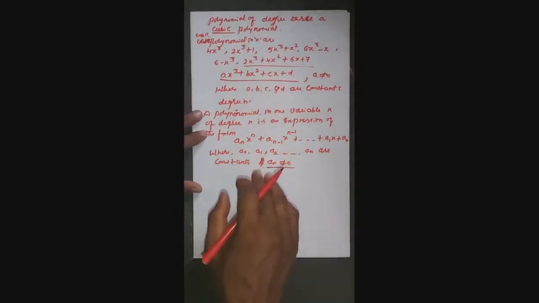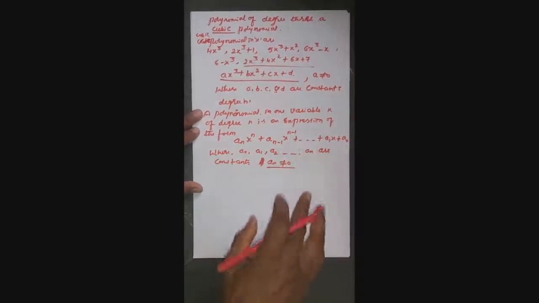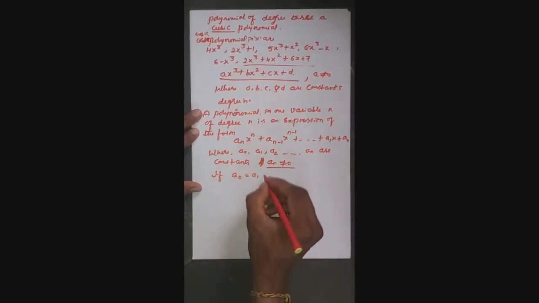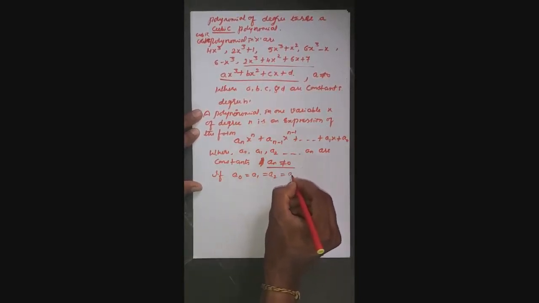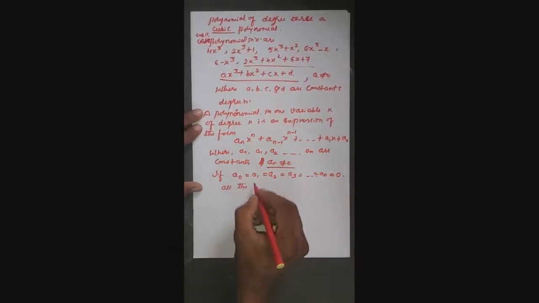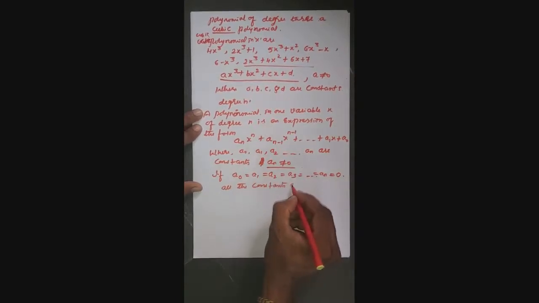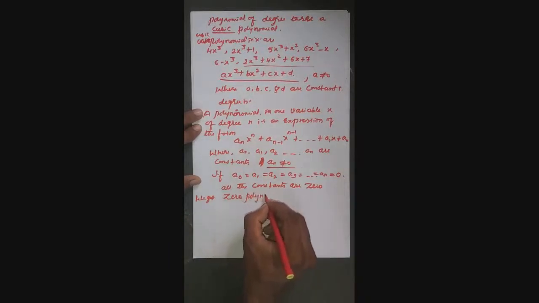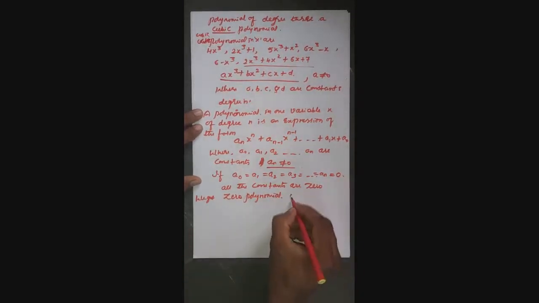In particular, if a0 is equal to a1, a1 is equal to a2, a2 is equal to a3, and so on up to a_n is equal to 0, that is, all the constants are 0, we get the 0 polynomial, which is denoted by 0.